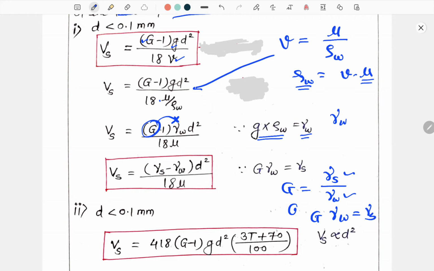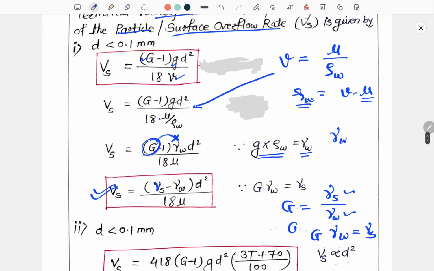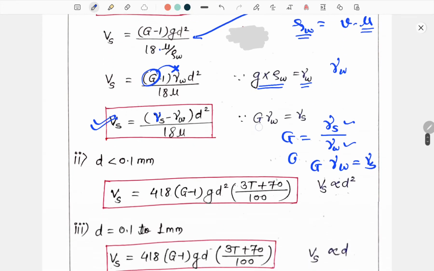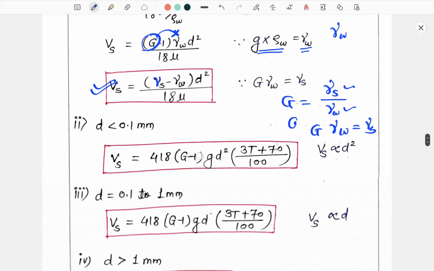So we get Vs = (γs - γw) d² / 18μ. This formula is applicable when the diameter of the particle is less than 0.1 mm. So remember this one, 0.1 mm.